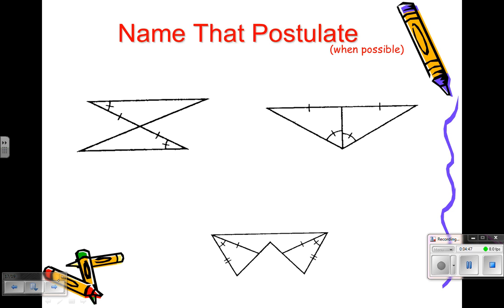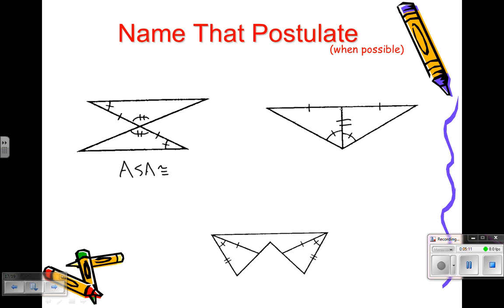Once again, pause and try to identify which postulate would prove these three are congruent. Okay, on this first triangle, you have vertical angles that you need to identify. So you have angle, side, angle, angle, side, angle, ASA congruence. Over here, you have a reflexive side, a side that's congruent to itself.